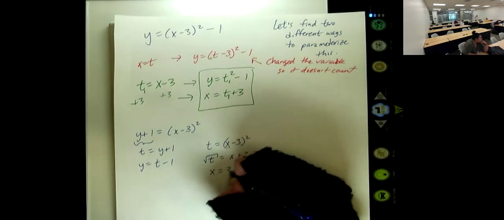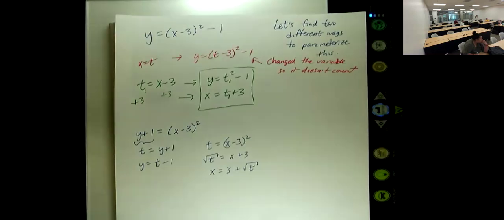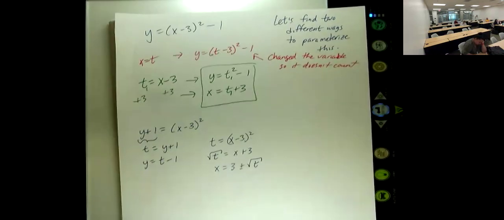And we can say x equals 3 plus the square root of t. Maybe, I don't know, we might even need a minus there, I'm not sure.